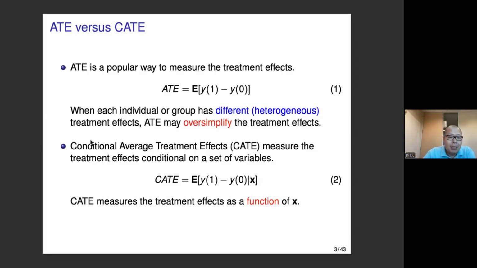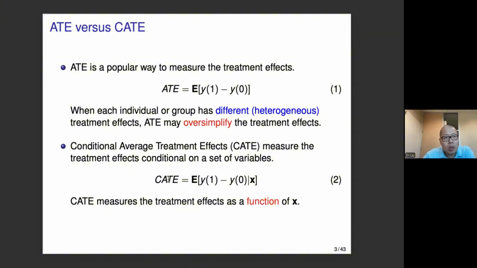In contrast, conditional average treatment effects, CATE, measure the treatment effects conditional on a set of variables. If we look at the definition of CATE and compare it with the definition of ATE, the only difference is that ATE is an unconditional expectation, and CATE is a conditional expectation conditional on some variables X. So CATE is a function of the treatment effects.